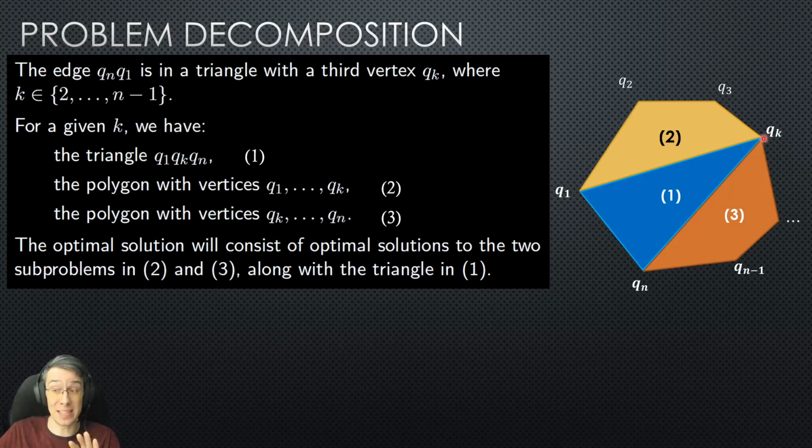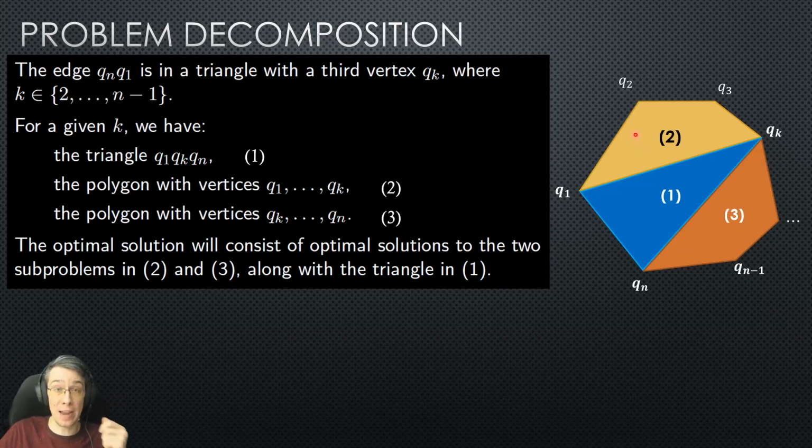Suppose this triangle is in the optimal triangulation. Then the optimal triangulation will consist of this triangle and the optimal triangulations of this polygon and this polygon. Okay? So we can start to see the optimal recursive substructure come together.